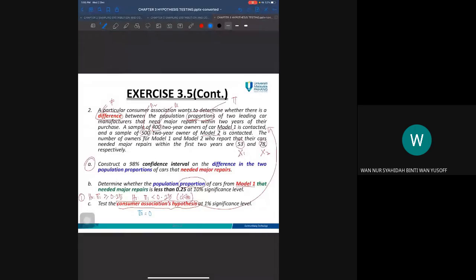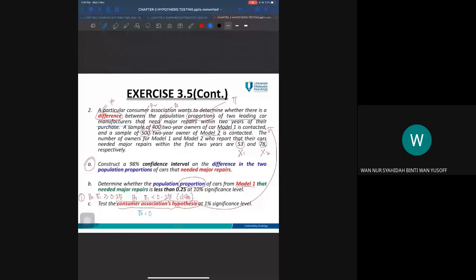So different. Which one should be the first population? We need to write pi what minus pi what here? Of two leading car manufacturers. So pi 1 minus pi 2. This is a general one of two leading car manufacturers, so it's up to you.